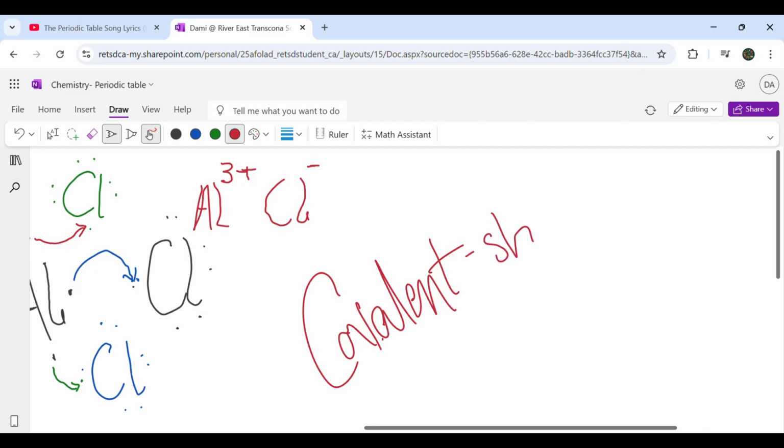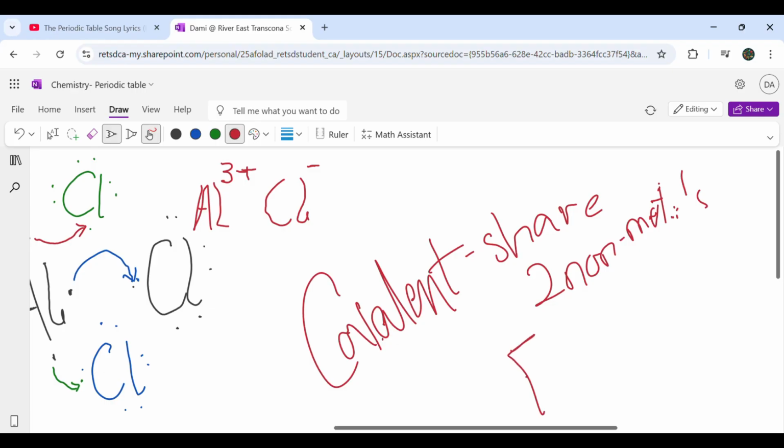Okay. Covalent bonds are sharing electrons. They share their electrons. It happens between 2 non-metals. Instead of transferring, they team up. For example, fluorine and chlorine. They both need 1 more electron, so they each contribute one.